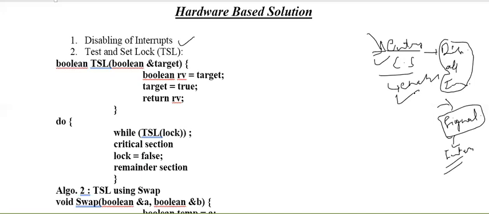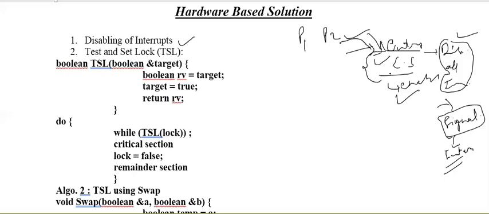But is this solution practically feasible? How will you identify which particular interrupt is for which purpose? You have disabled all the interrupts. Suppose there are two processes, P1 and P2.